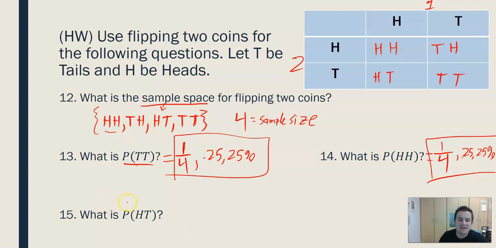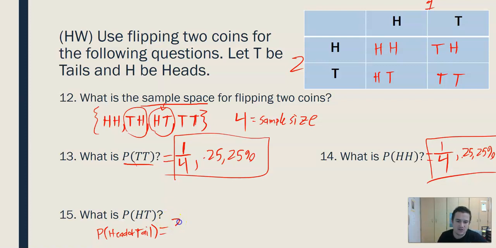I'm going to edit this question right here. It says, what is the probability of HT? I'm going to change this to, what is the probability of rolling a head and a tail? Notice here I have a head and a tail, and here I have a head and a tail. So there are 2 ways, if you flip 2 coins, to get a head and a tail.